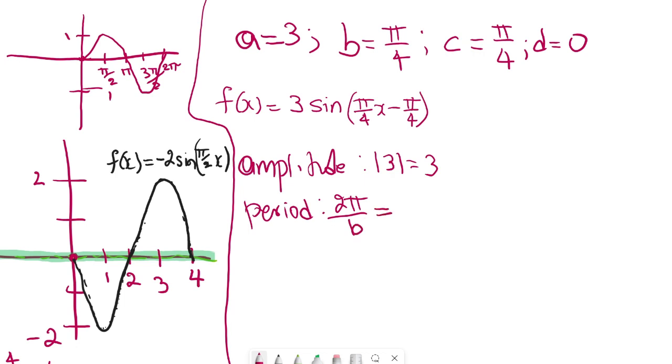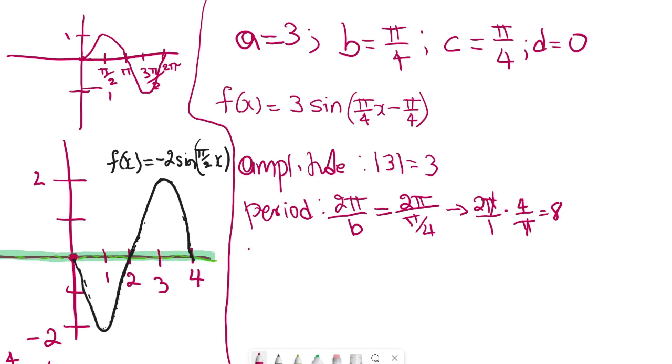And for us, B is pi over 4, so it's going to be 2 pi divided by pi over 4, right? Or we can do our change flip, so it's going to be 2 pi times 4 divided by pi. If I put a 1 here, I cancel my pi's. Okay, so my period is going to be 8.